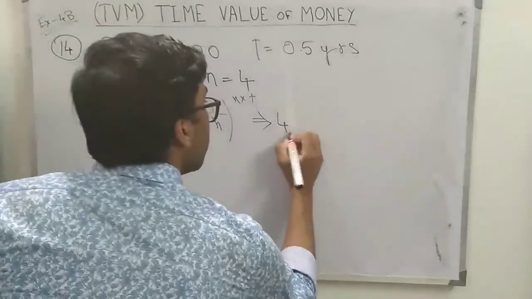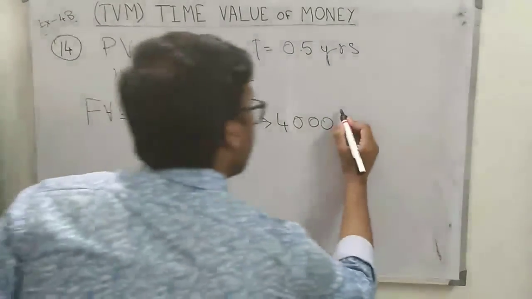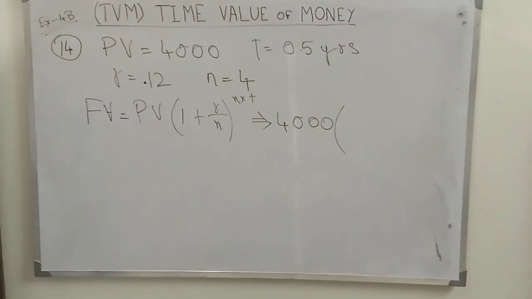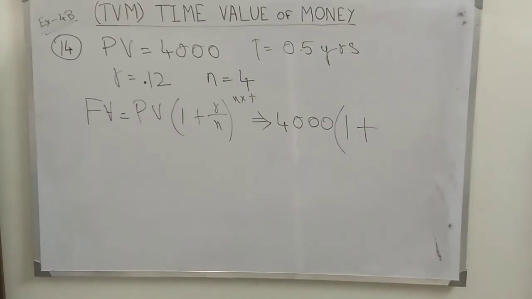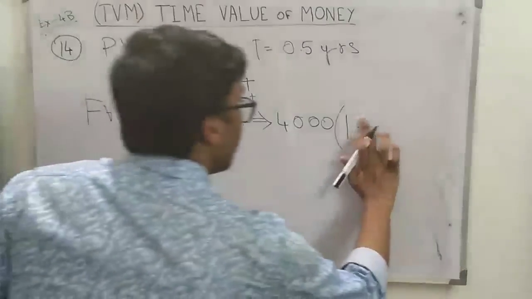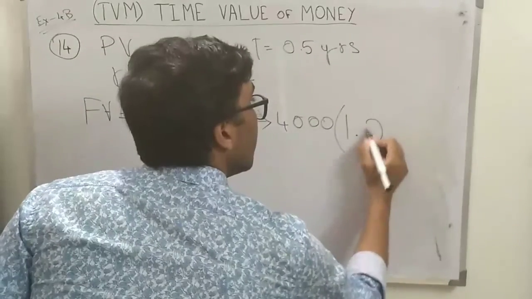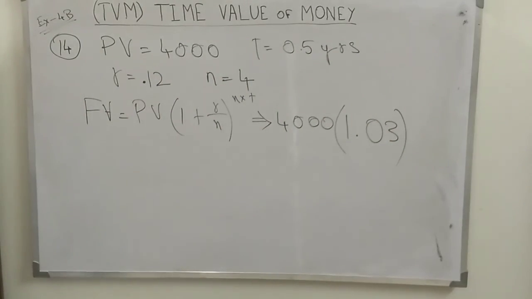Now PV is given as 4000 into 1 plus R by N. That means 0.12 by 4 is 0.03, plus 1, that means 1.03 to the power N into T, that means 4 into 0.5.